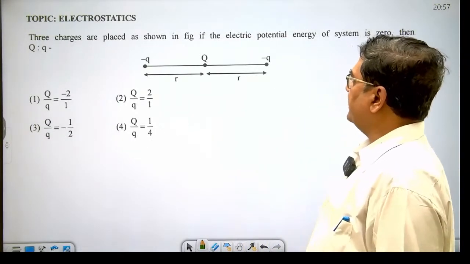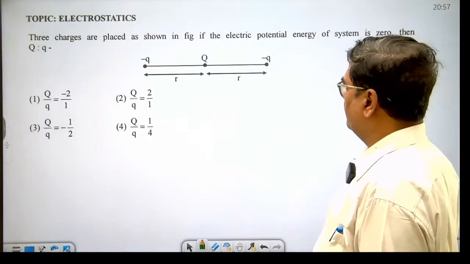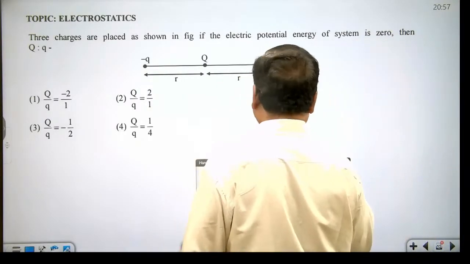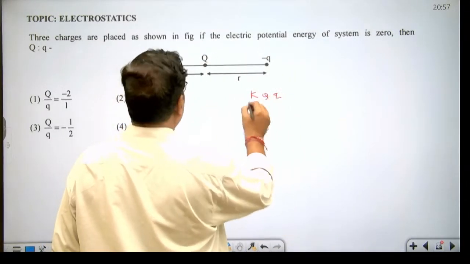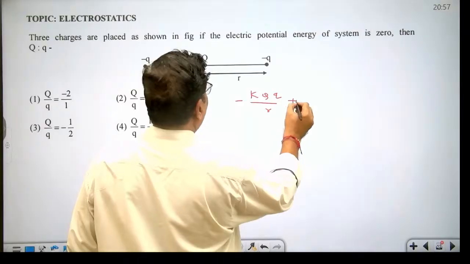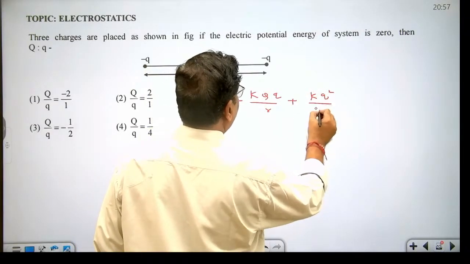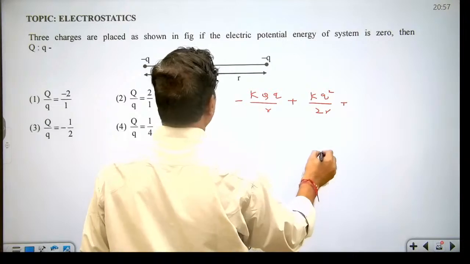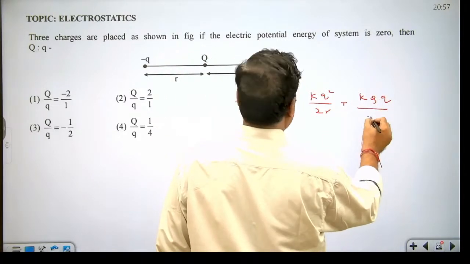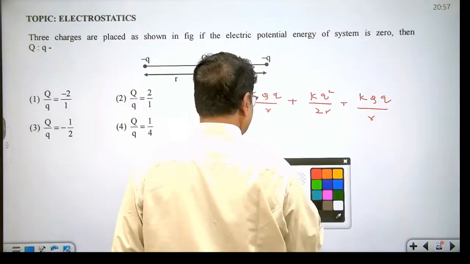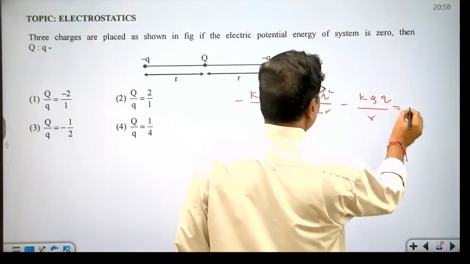3 charges are placed as shown in figure. If the electric potential of the system is 0, then Q upon Q is. Dear student, potential of the system can be written as KQQ upon R plus KQ square upon 2R plus KQQ upon R. This is also minus, equal to 0.